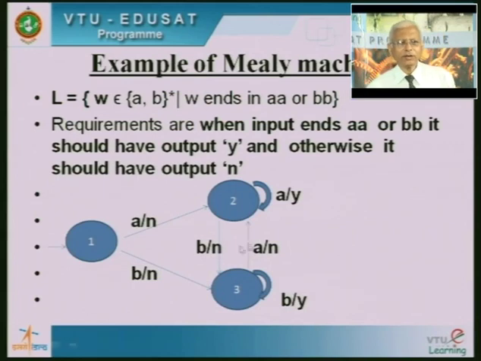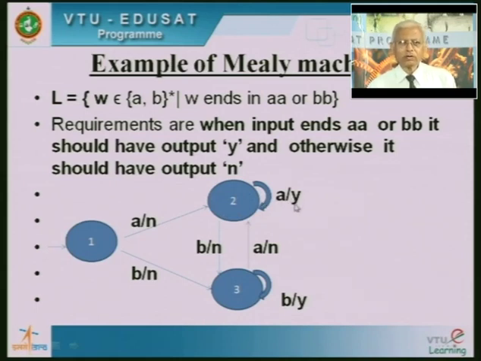For example, if we input A from the start state, the output will immediately be n, because it does not end in AA. Suppose you are in the second state and you input one more A, then it has ended in AA, so the output will be y. If you input one more A, it again ends in AA, so any number of A's is as good as ending in AA.